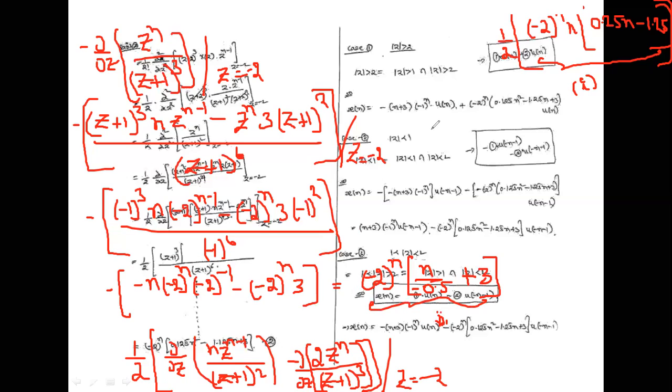And we have 1 by 2 (minus 2) whole power n into 0.25 n and minus 1.25, plus this function. Because I already took the minus here, I can add the term. What is our term here?